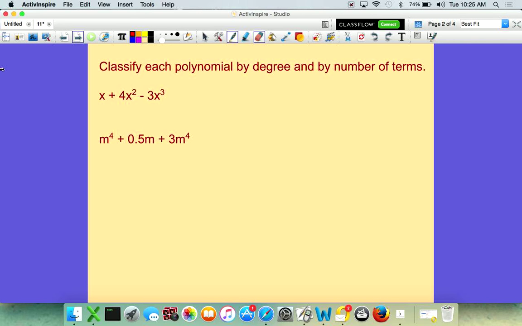Well, if we look at this, first thing we have to do is we should really put this in order by its degree. So we're going to go -3x cubed plus 4x squared plus x. Classify each polynomial by degree. All right, so the degree is 3.